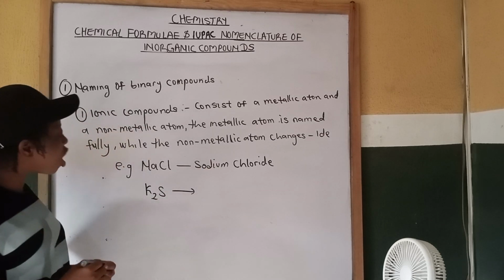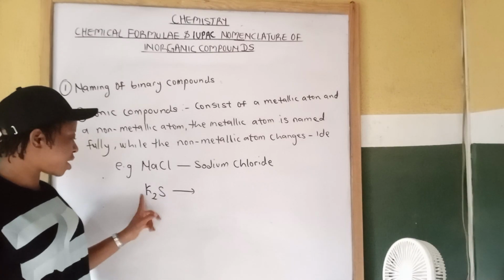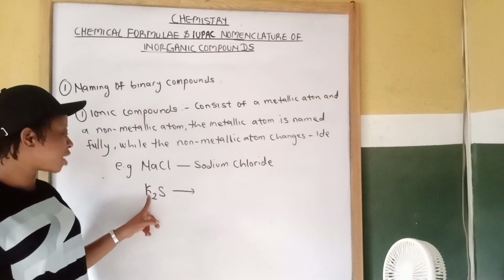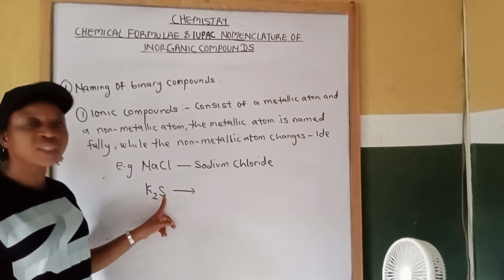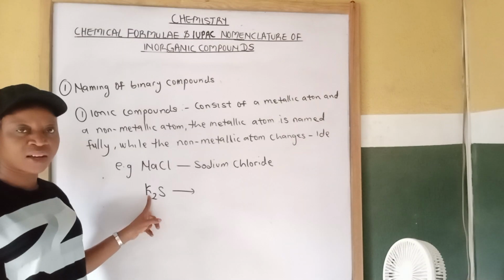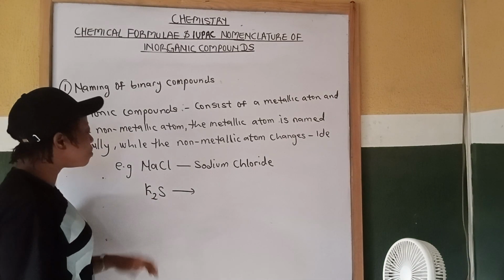Let's take another one. What are we going to call K2S? K is the symbol for potassium, while S is the symbol for sulfur. Potassium is a metal, so you name potassium fully.